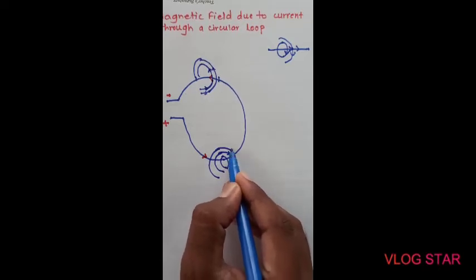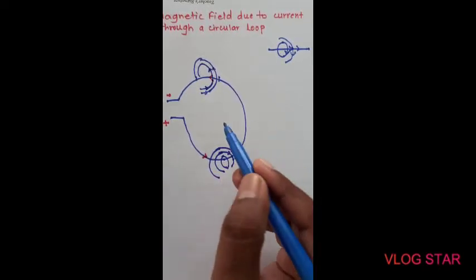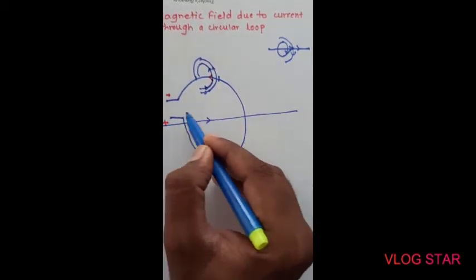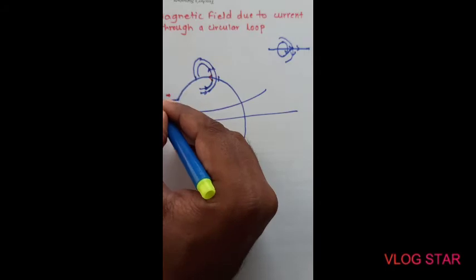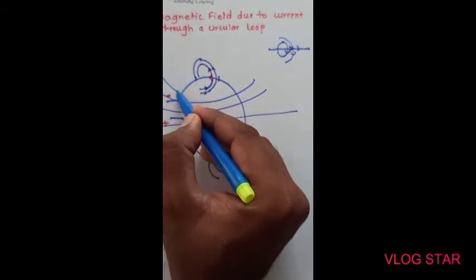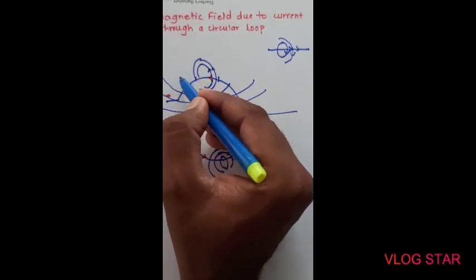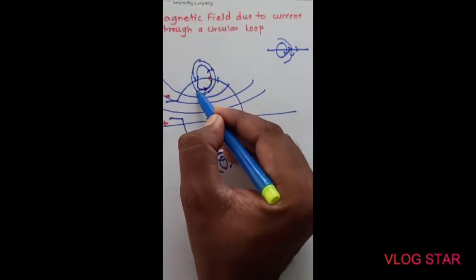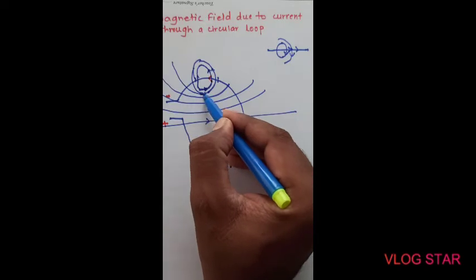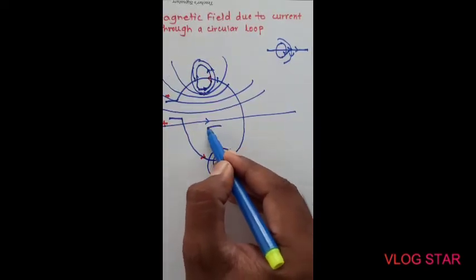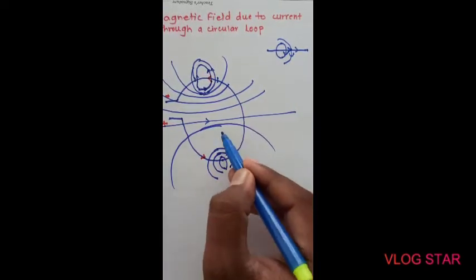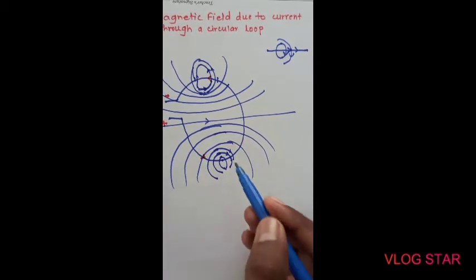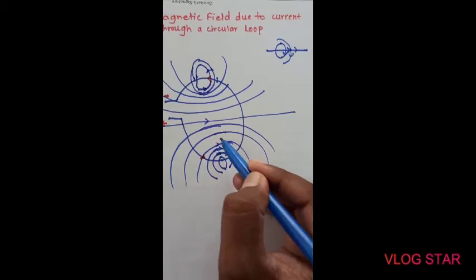And anyhow at the center it is straight, so here we will have a curve, and afterward this forms a circular loop. You can connect like this. Here are symmetric opposite circular loops, but overall the direction is like this.